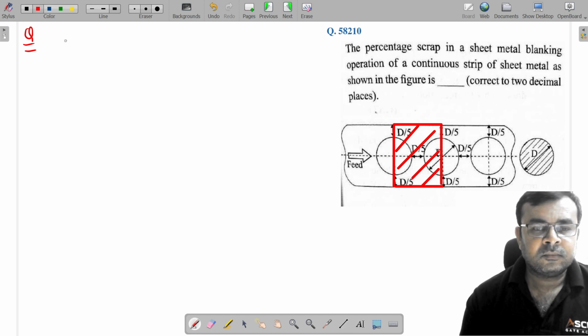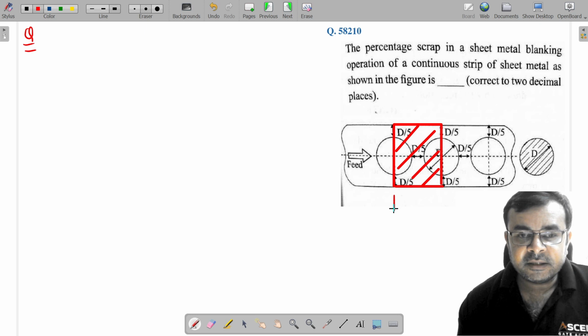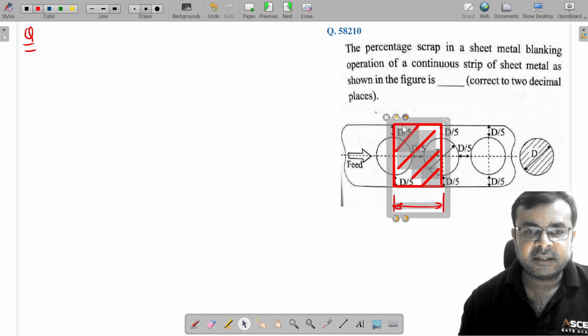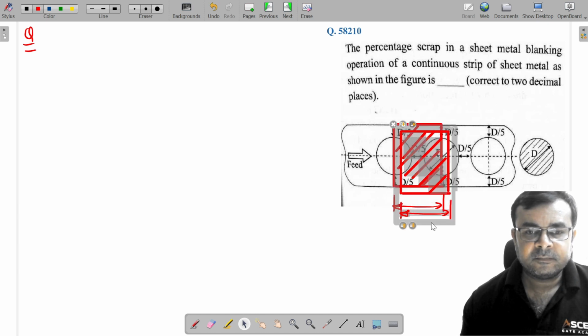And what about its length and height? You can see we have this rectangle.